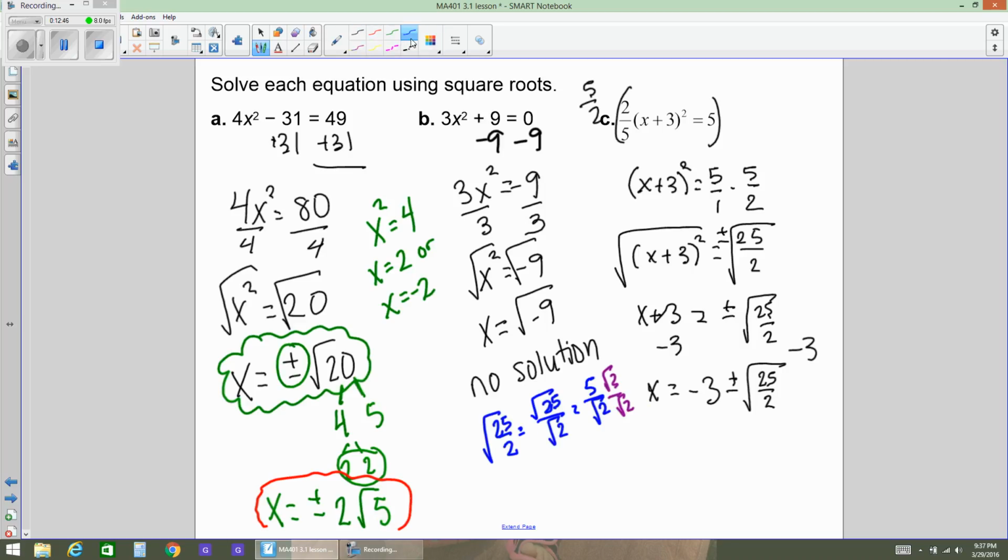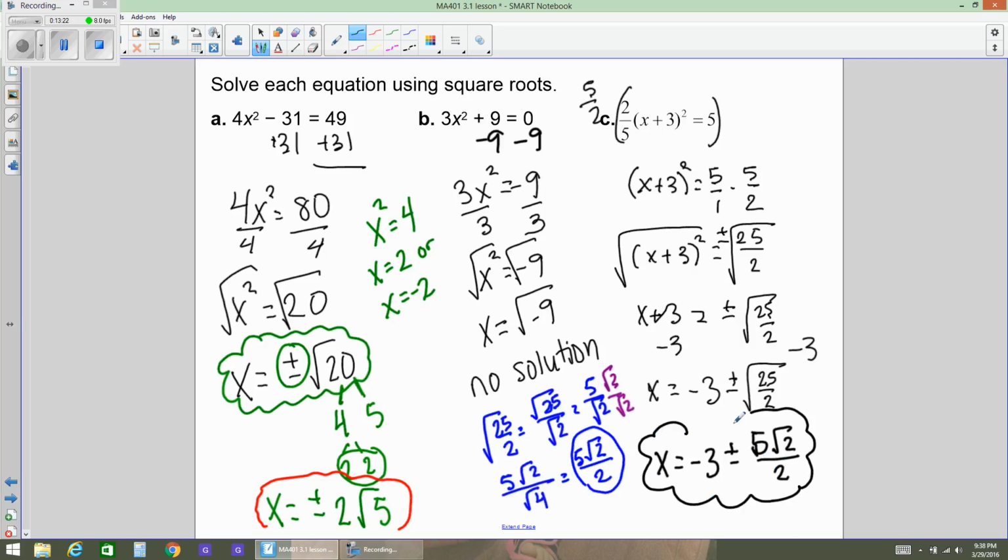And what that does for me is 5 square root 2 over square root 4. But we all know the square root of 4 is 2, and so that is the simplified form. So I'm going to rewrite my answer. X equals -3 plus or minus 5 square root 2 over 2. And there I am.